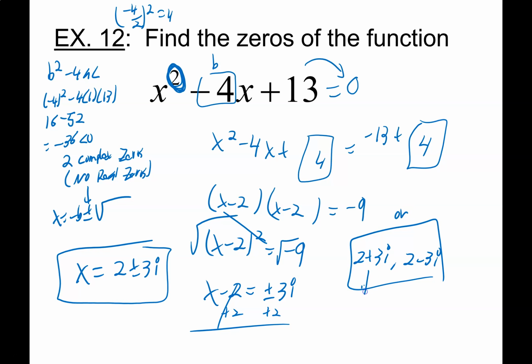Again, notice a plus bi, a minus bi. So when we say that you get 2 complex or 2 non-real zeros, they're going to end up being conjugates of each other. So kind of a cool thing. And that's that. I hope it helped.